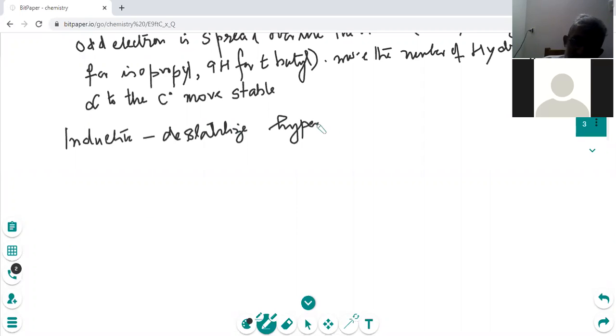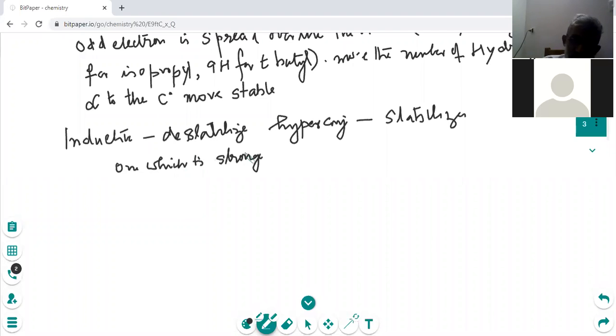Write down all these things in your notebook. Hyperconjugative effect stabilizes. Right? So who will win the race? One which is stronger.